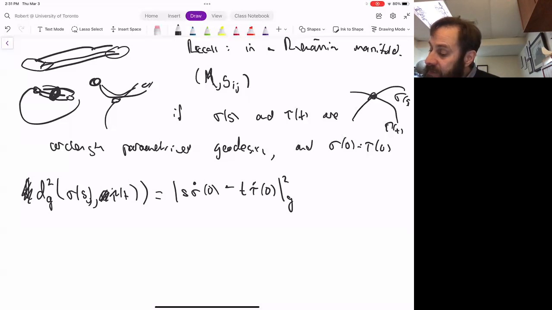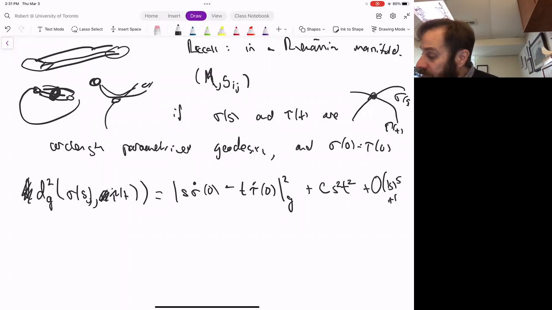And then the next nonlinear correction, the next non-zero term in the Taylor expansion, is some constant times s squared t squared, plus higher order terms, so order s to the 5th plus t to the 5th, as s, t go to 0.